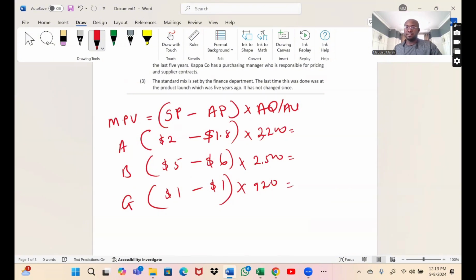So what's my variance, standard and actual? My standard price, I set to be 2, and my actual price is 1.8. Actual quantity 2,200 gives me 440. When the standard is greater than the actual, what's the variance going to be? Favorable variance.